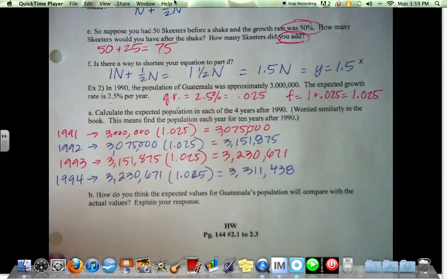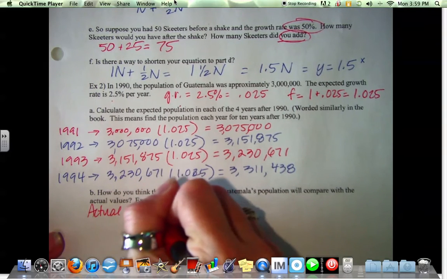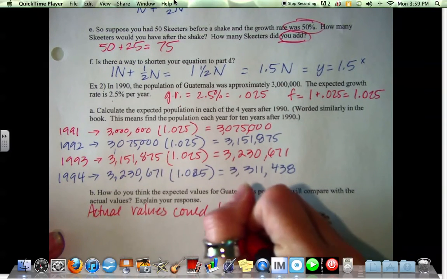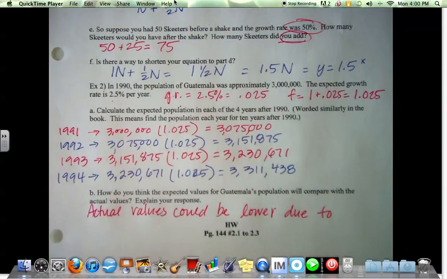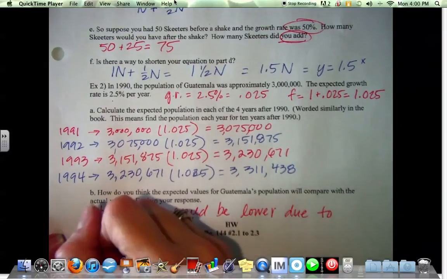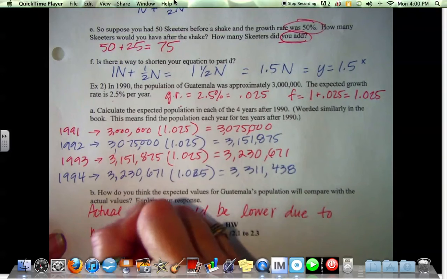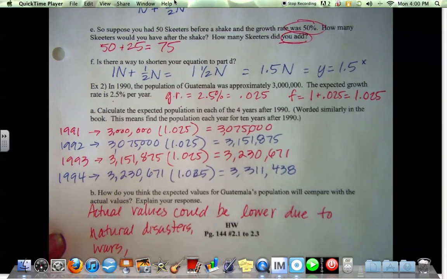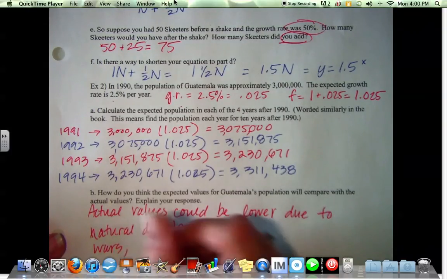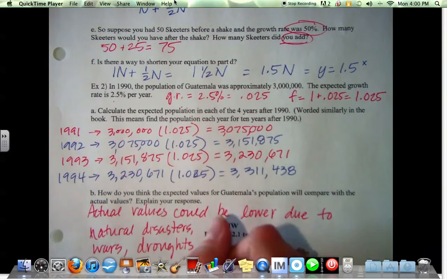And we had determined that actual values could be lower due to things such as natural disasters, wars, and droughts, etc.